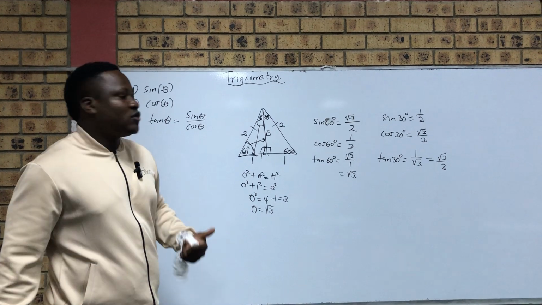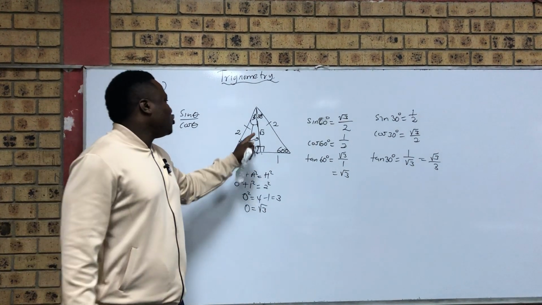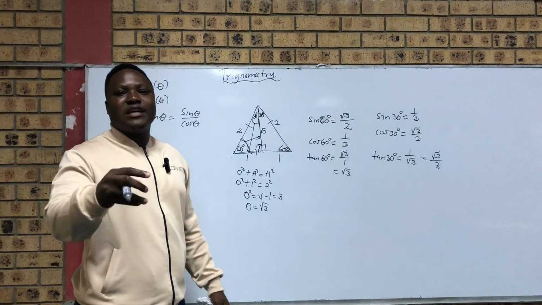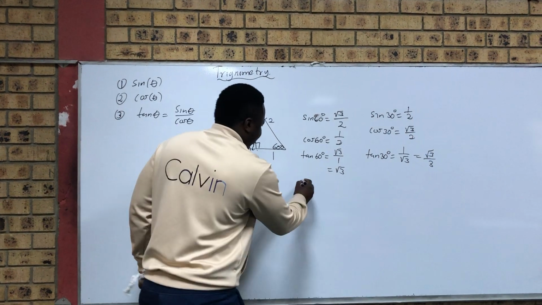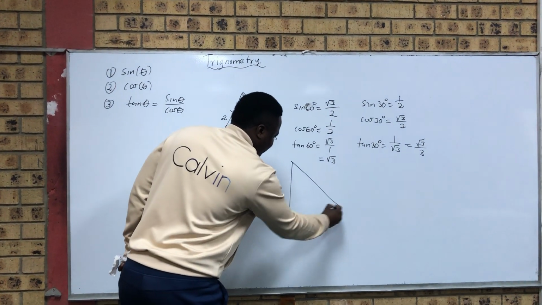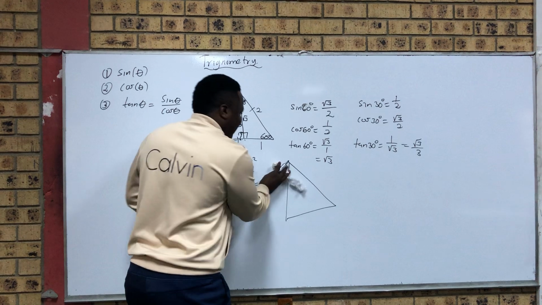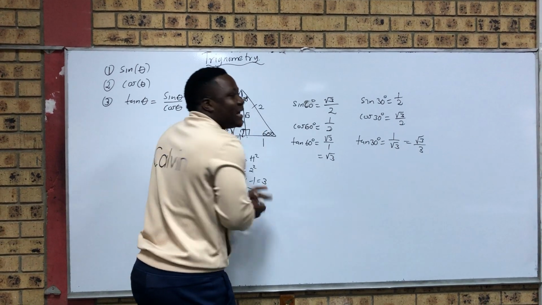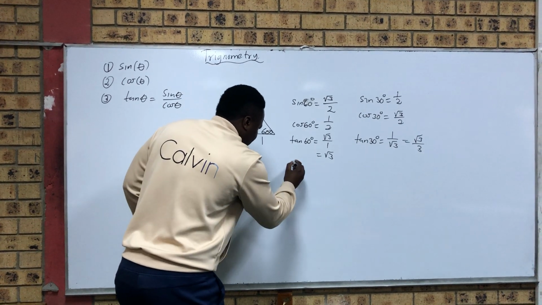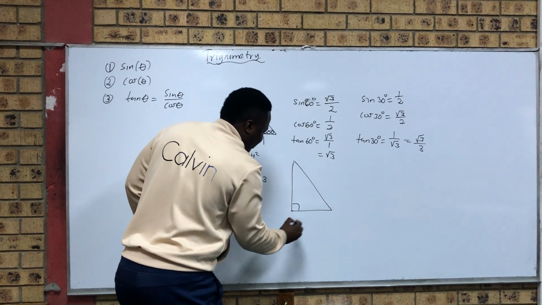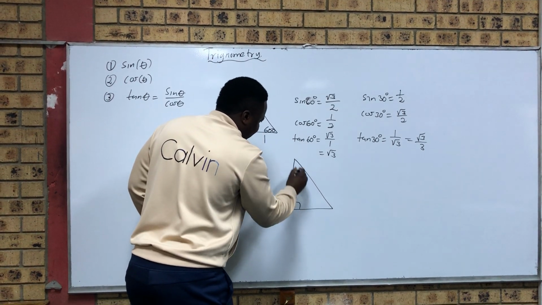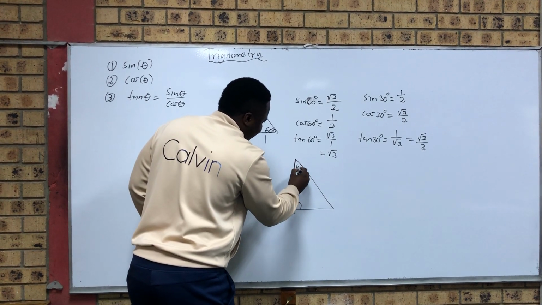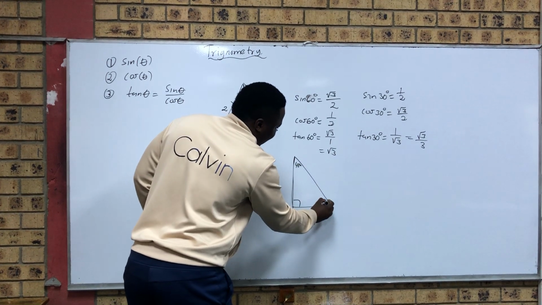Now going to 45. For 45, they don't use an equilateral triangle. They use an isosceles triangle. It is an isosceles right angle triangle, which is going to have 90, and here you're going to have 45 and 45.